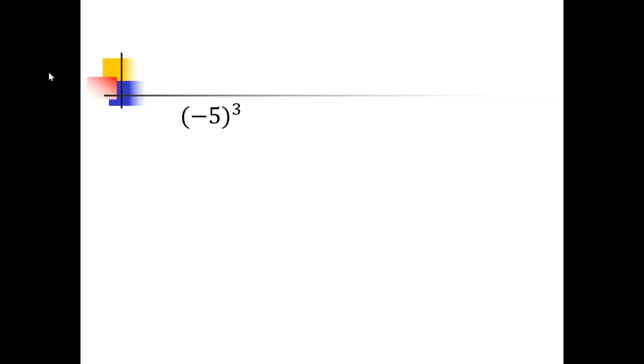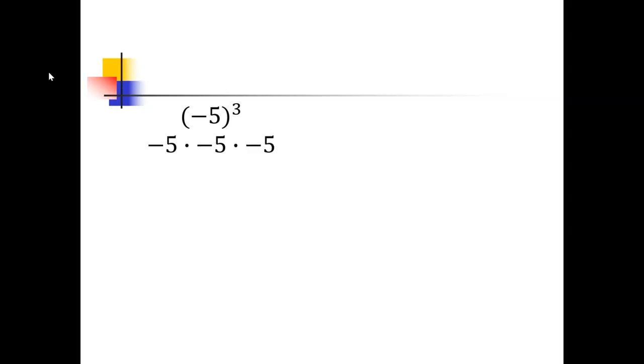Here I have negative 5 inside the parenthesis and exponent is 3. So obviously you can see because I include the negative sign inside the parenthesis, my base is negative 5 and my exponent is 3. I'm going to multiply negative 5 3 times.